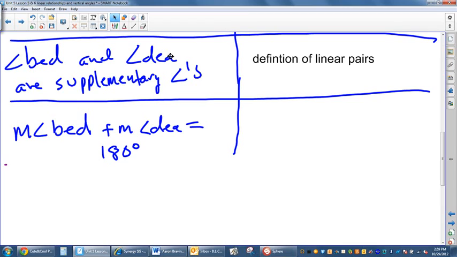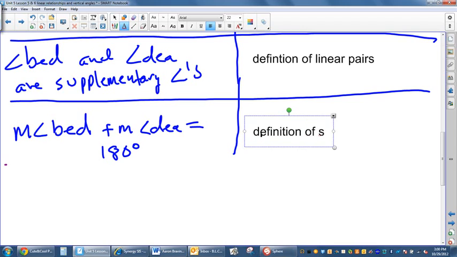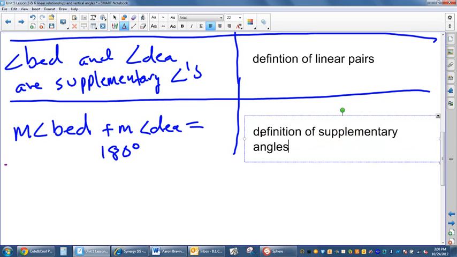If we were able to state that angles BED and DEA were a linear pair because of the definition of linear pair, why can we say that the measures add up to 180? The definition of supplementary.